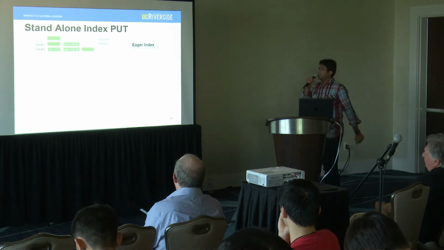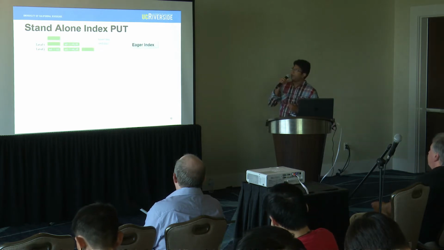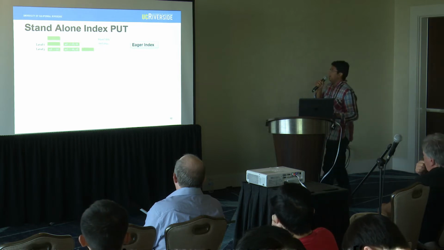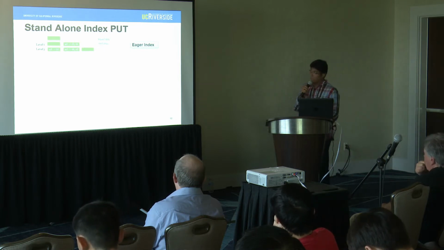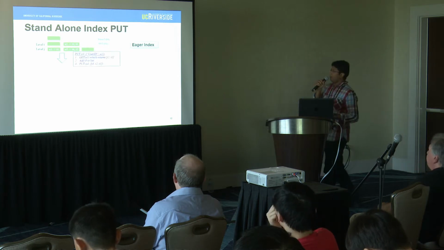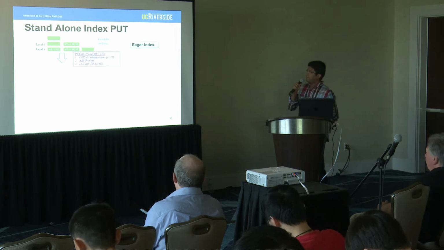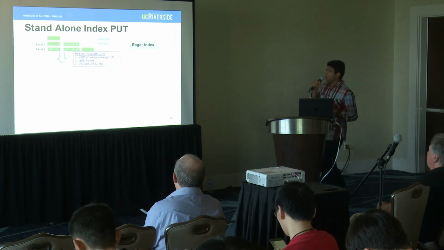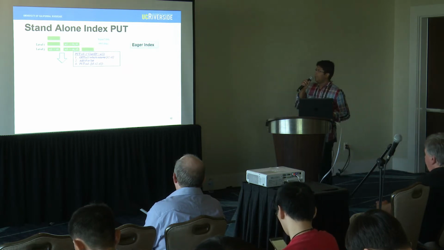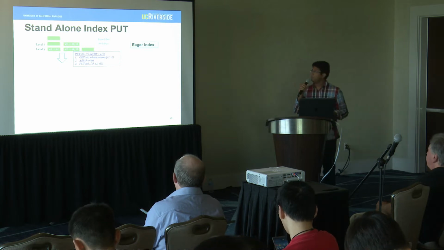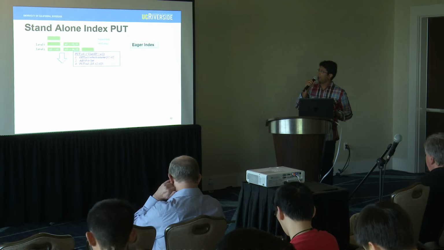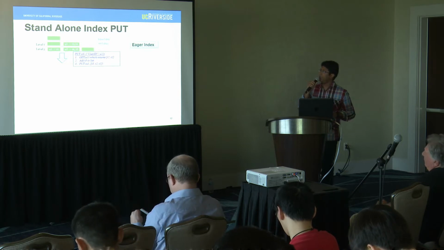Here's an example of the eager update. Suppose this is the state of the database. Now, if we have a new record coming where T3 is the primary key and user ID U1 is the secondary key, what eager update will do is read the current list of U1 from the database, which is T2 and T1.